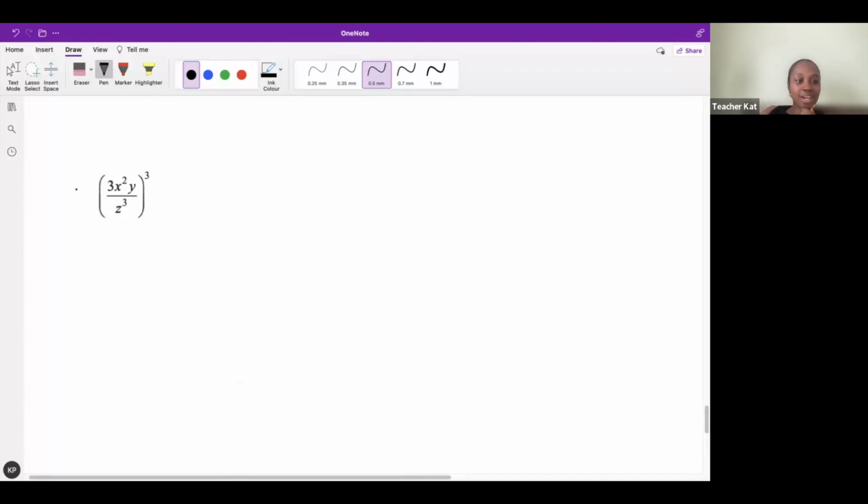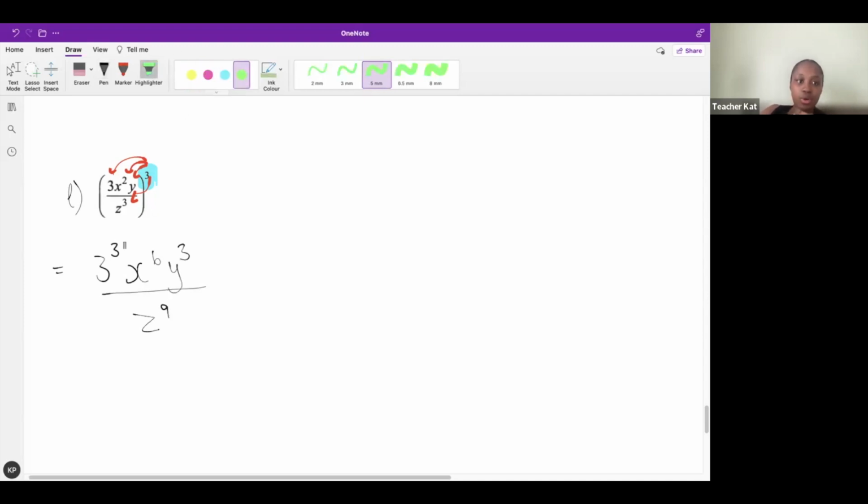Is there anything inside the bracket that I can simplify? No, there isn't. So let's just distribute. In this case, we have both multiplication and division there. So then it'll be 3 to the power of 3, x to the power of what? 2 times 3, which is 6. y cubed all over z to the power of 9.